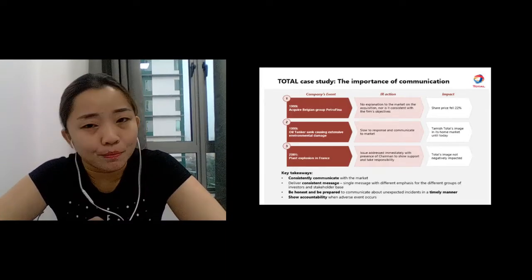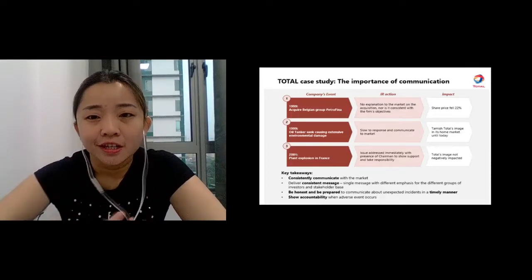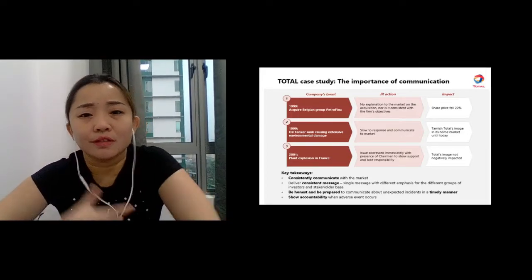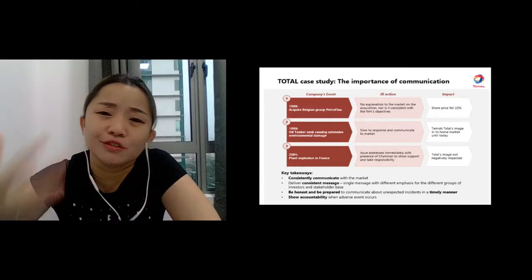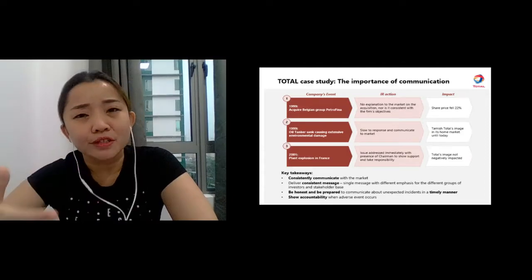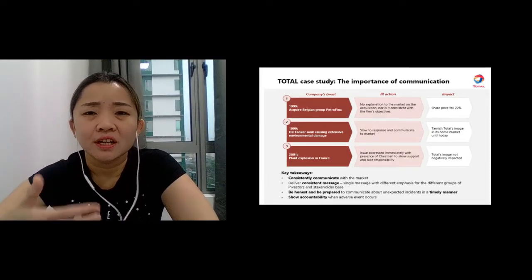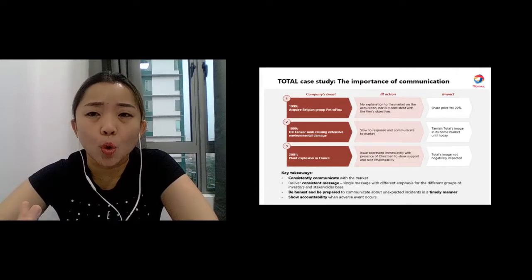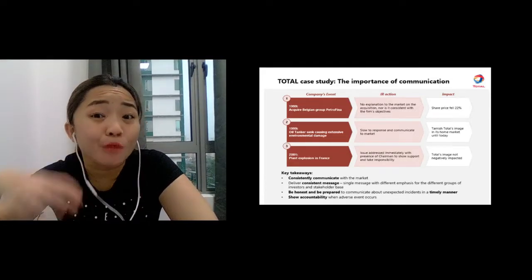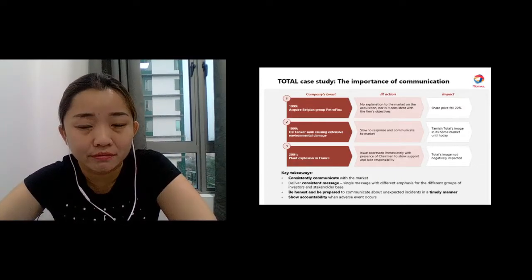When they bought this company, they did not really share with their investors why they bought it, and the investors were not happy because they felt that Petrofina doesn't contribute to the company's betterment. It's not making the company any better, or it's not consistent with the company's goal. And because they bought Petrofina, can you imagine that their share price fell by 22%?